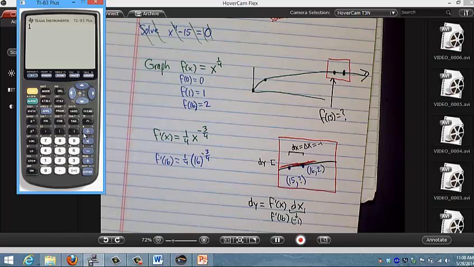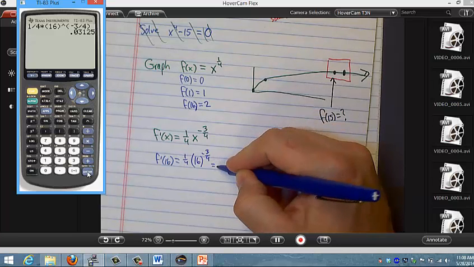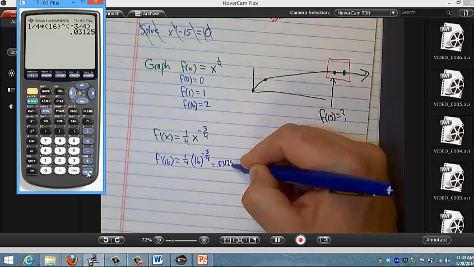1/4 times, open parentheses, 16, close parentheses, caret, open parentheses, -3/4, close parentheses. So all that I get is 0.03125.